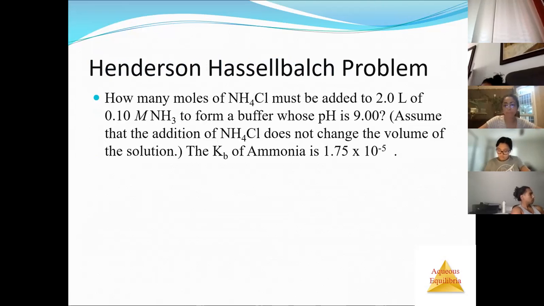Henderson-Hasselbalch problem. How many moles of ammonium chloride must be added to 2 liters of ammonia to form a buffer whose pH is 9? Assume the addition of NH4Cl does not change the volume of the solution.